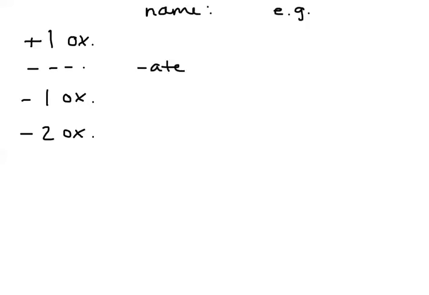Okay, so everything is in relation to the -ate. Just go along with me and it'll be clear. So if we add 1 oxygen to the -ate, it becomes, actually, let me do an example. So chlorate is ClO3 minus.